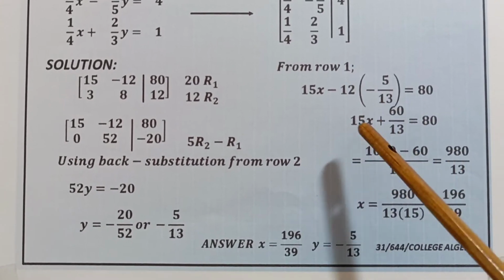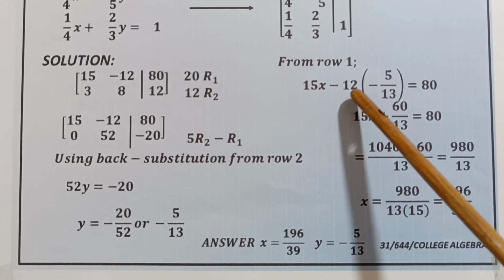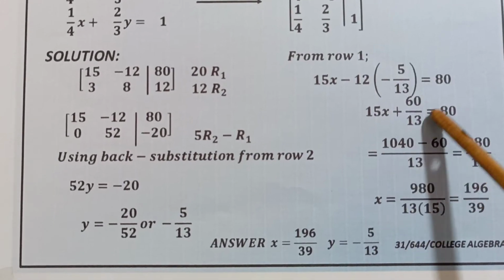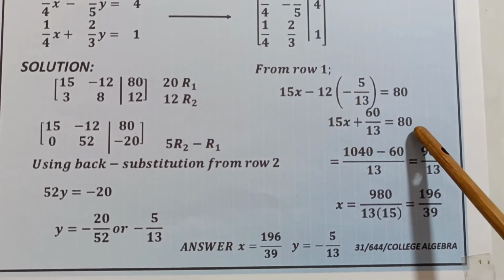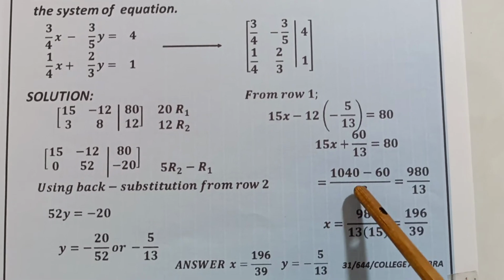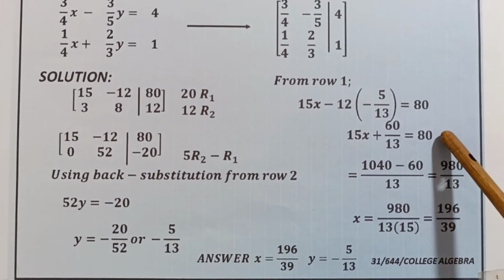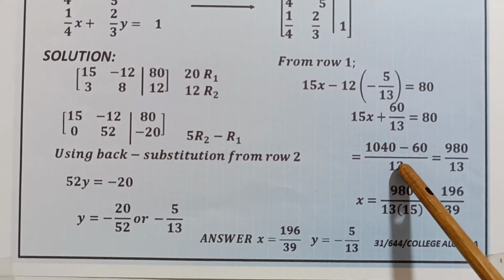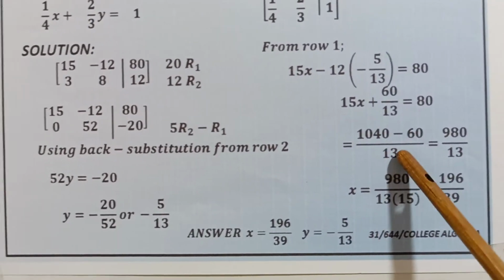And then 15x, negative times negative is positive, so 12 times 5 is 60 over 13, is equal to 80. Then we transpose this 60 over 13 to the right side of the equation. So 15x is equal to 80 minus 60 over 13, and we get 1040 minus 60, with the LCD being 13.